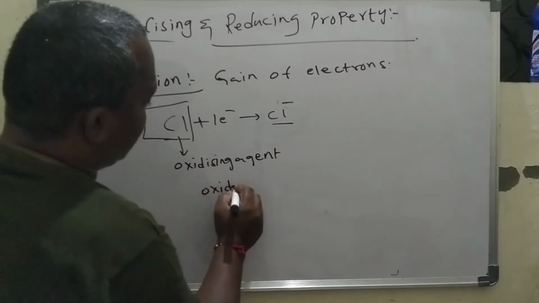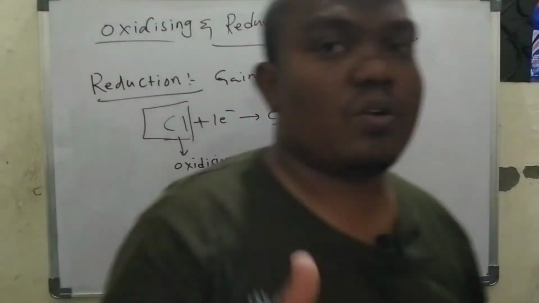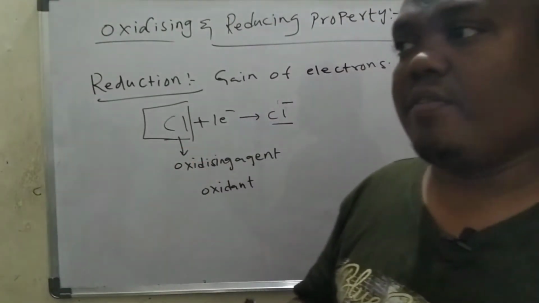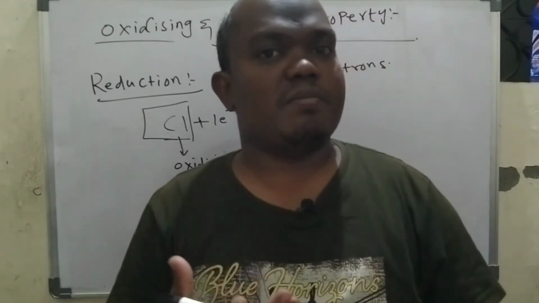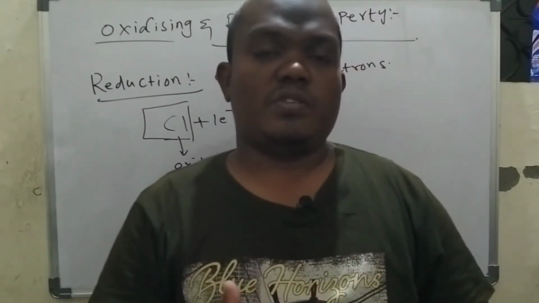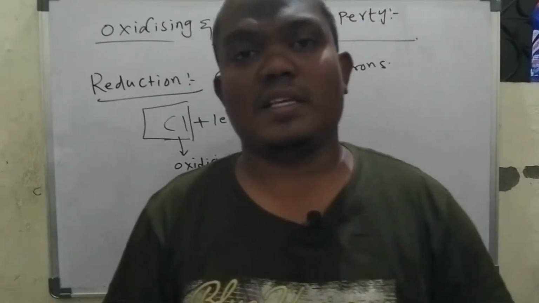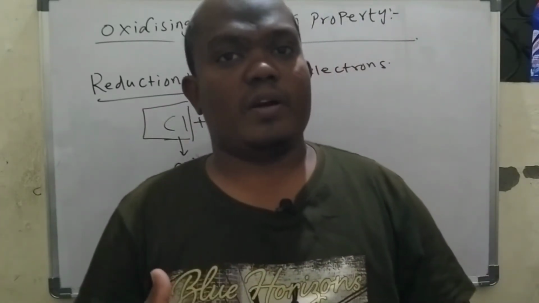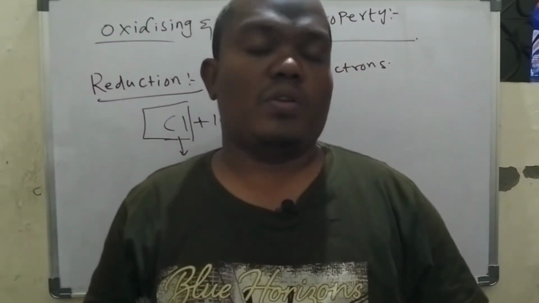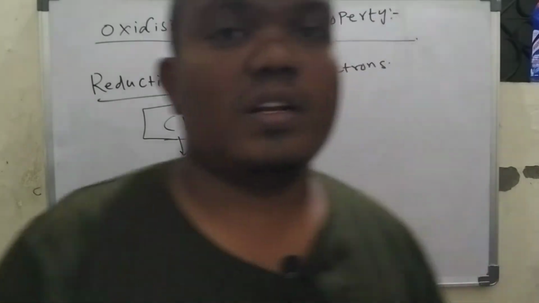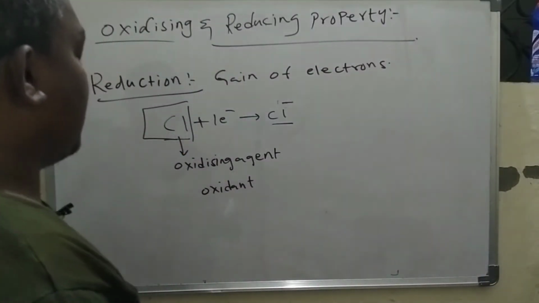Generally, the substance which undergoes gain of electrons, or simply, in a covalent bond between dissimilar atoms, one atom is more electronegative and the other is less electronegative. In that covalent bond, the atom that pulls the shared pair of electrons towards itself has the oxidizing property.